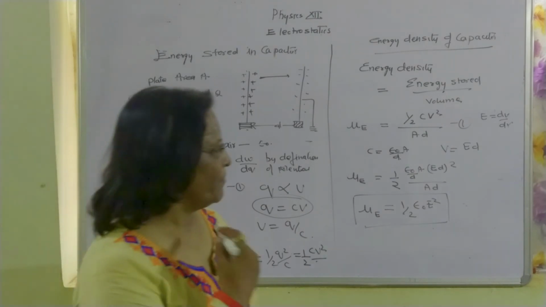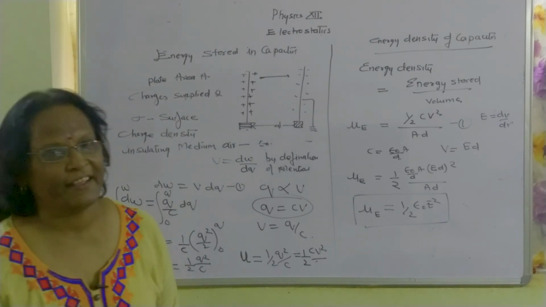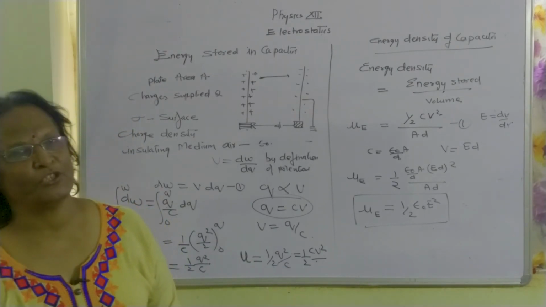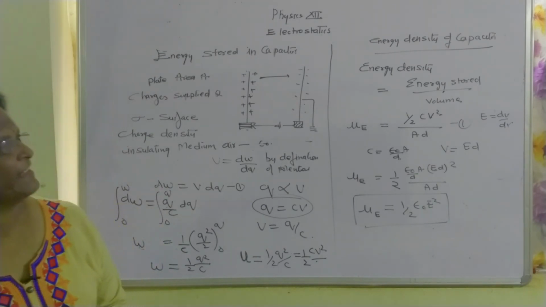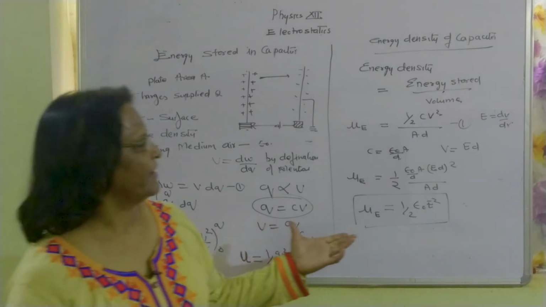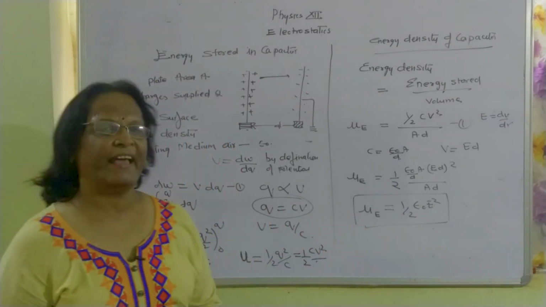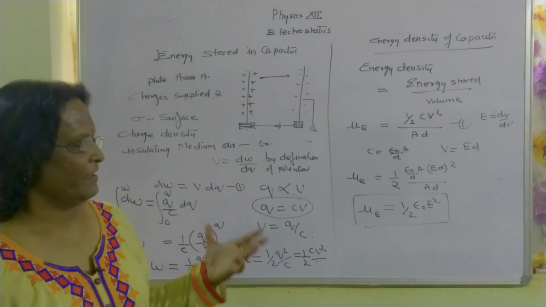So the more we increase the intensity of the electric field, the more energy stored per unit volume can be increased. Likewise, we have completed the topic energy stored in a capacitor and hence energy density of a capacitor. Thank you.